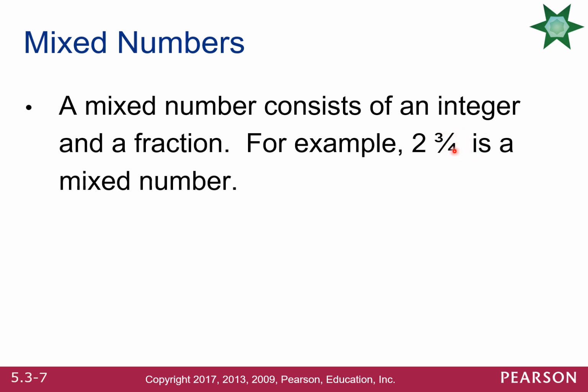So this complete number here, 2 3/4, is a mixed number because it contains not only a fraction but also an integer. So what we are going to learn is how to change this mixed number to a fraction without the integer part. All right. And when we do that, it will be called an improper fraction, right?